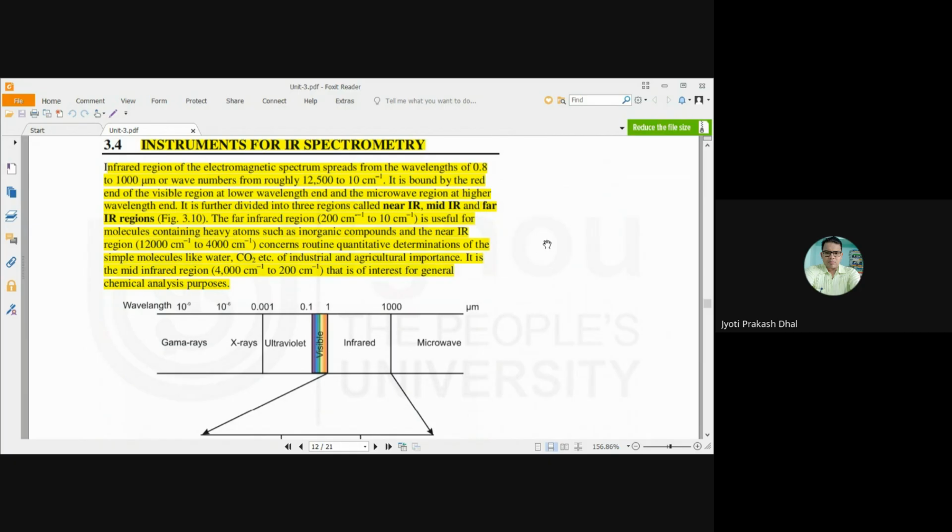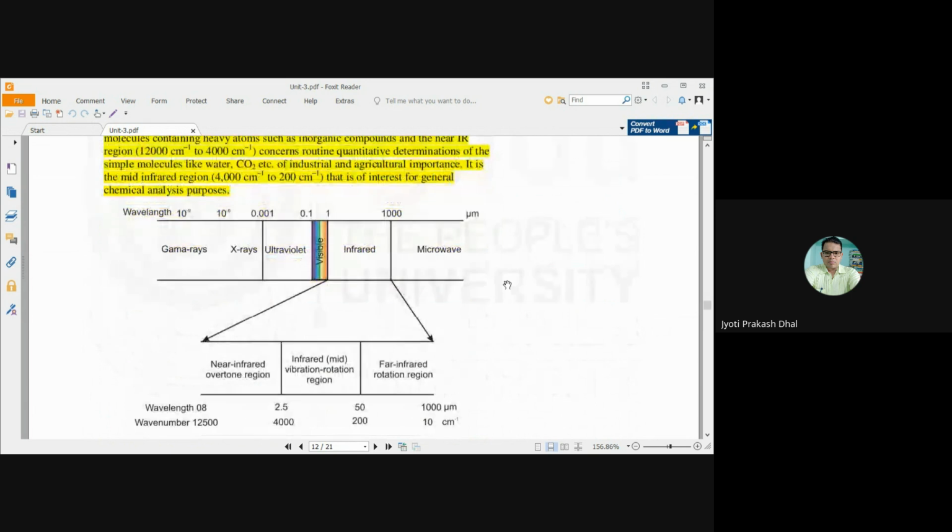It is bound by the red end of the visible region at the lower wavelength end, and the starting end of the microwave region.